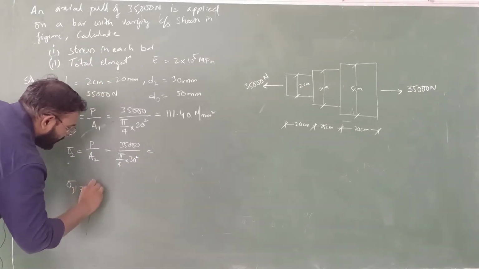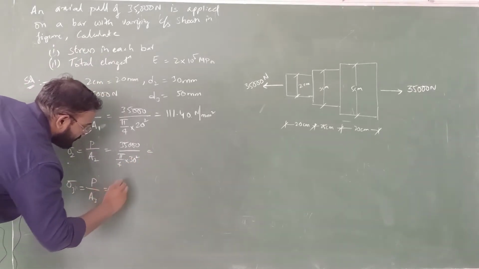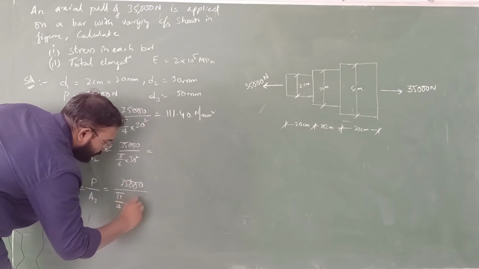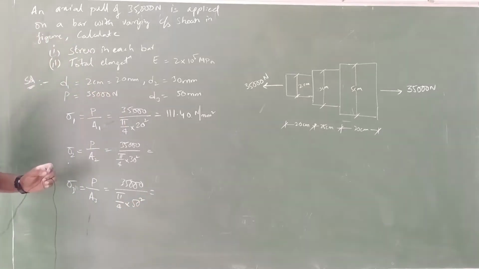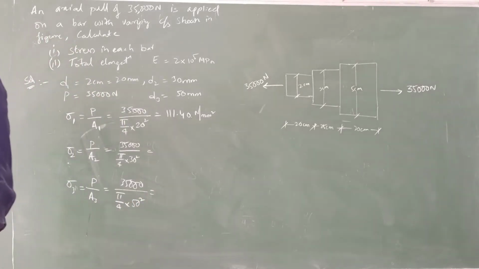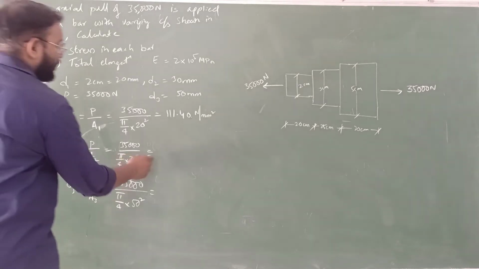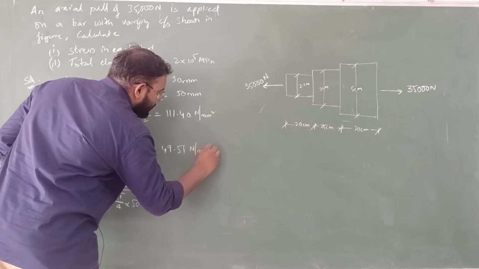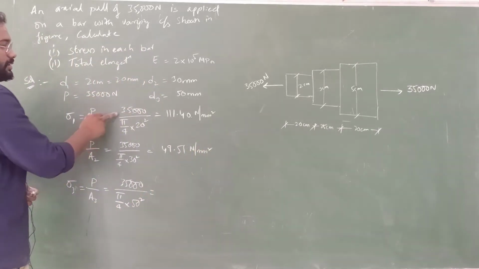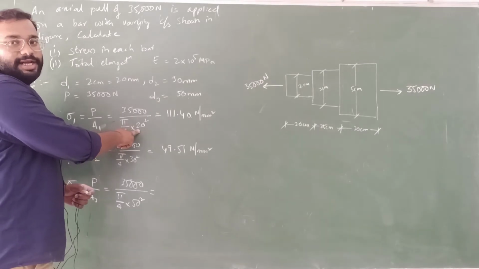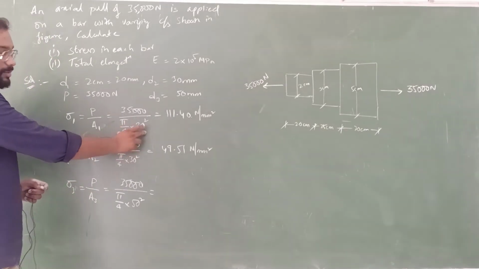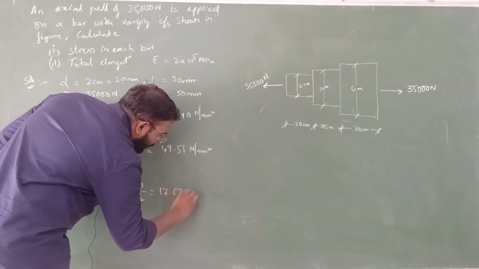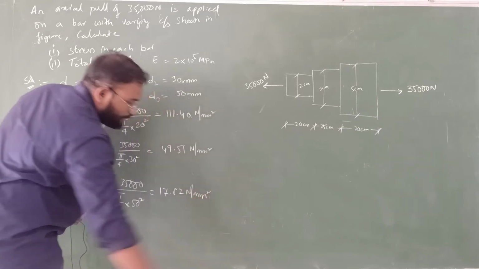Similarly, sigma 3 will be P by A3, which is 35,000 divided by pi by 4 into 50 square. 49.5. This is 49.51 Newton per millimeter square. Check the units also. This is in Newton, this is in millimeter. Millimeter square will be there. Why? Because this is area, right? This is 17.82 Newton per millimeter square.